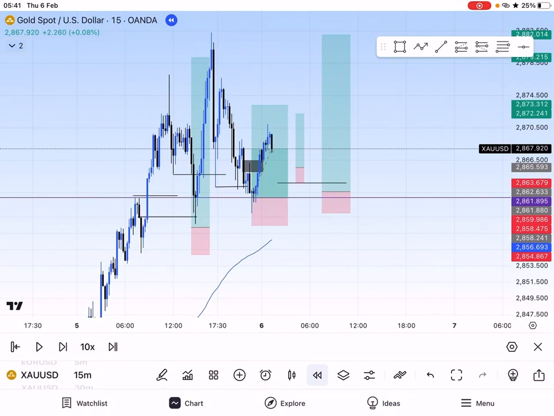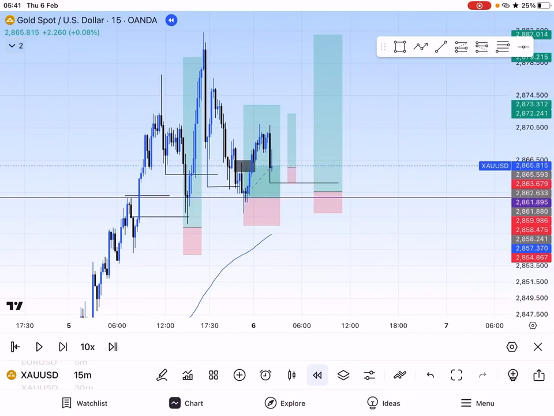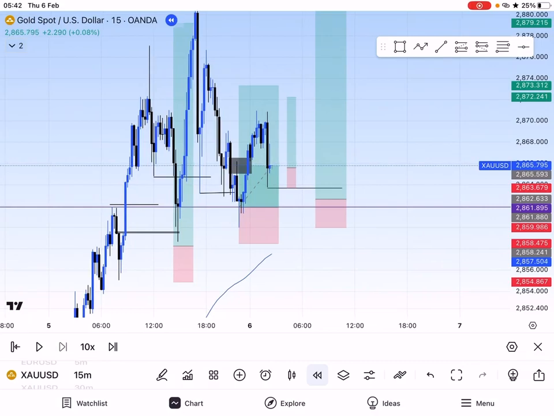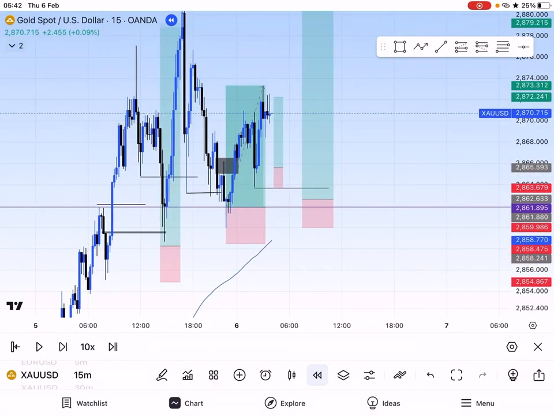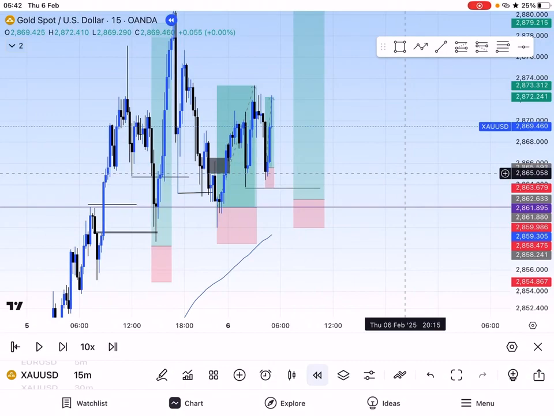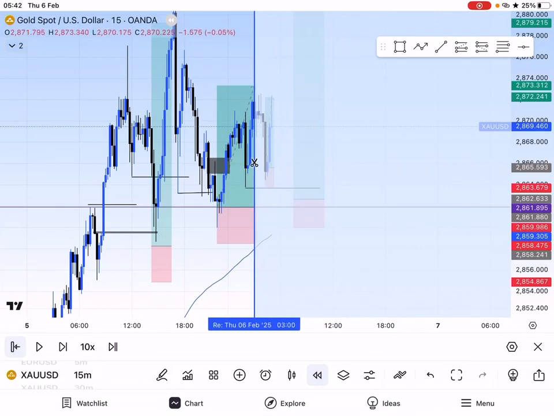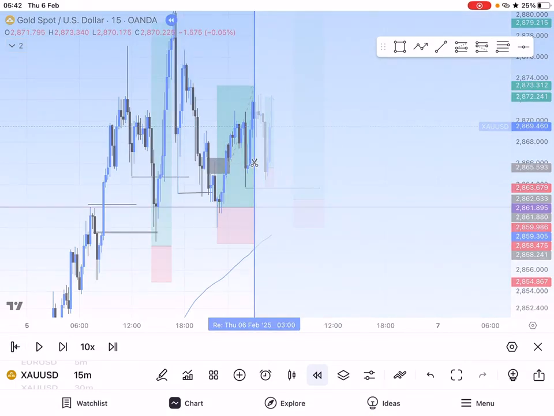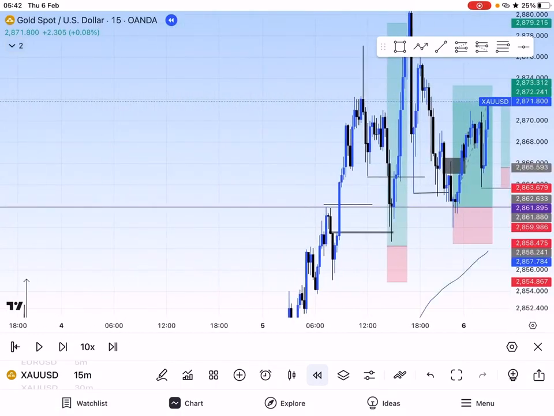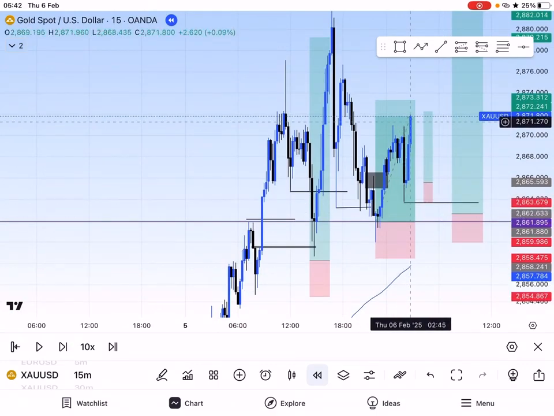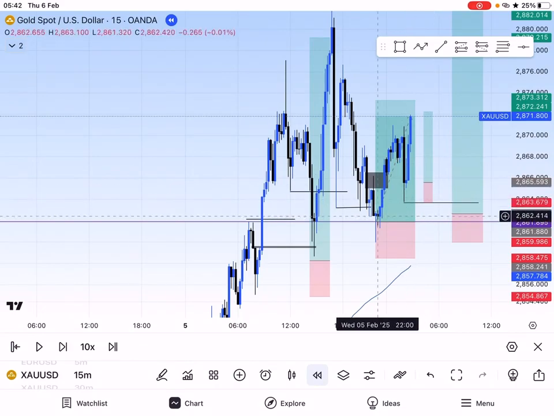So another setup I saw this night, so I want to show you guys this one. When price was all the way here, this was an inducement, guys, and I was waiting for price to come all the way to take out this inducement and tap into this SNR zone.